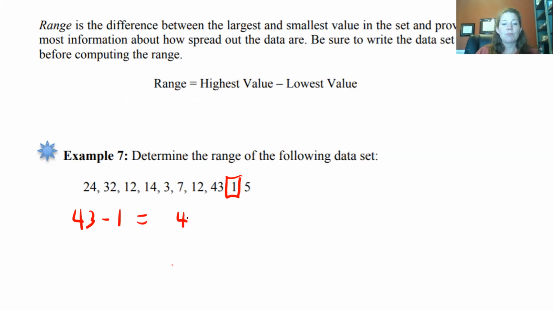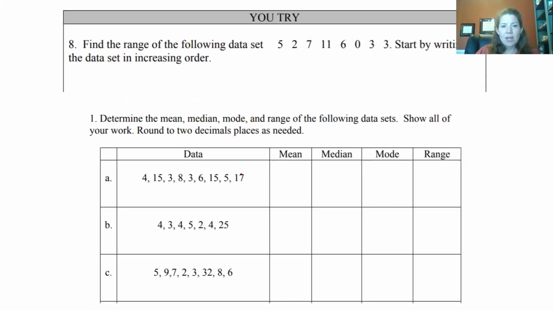The range of the group is 42. There's 42 years between the oldest and the youngest person in the group. We could find the middle, or we can find the average, but that range tells us that we're dealing with people that are varied in their ages. Okay, so the range of this group is 42. All right, so range is probably the easiest one to find, just by subtracting the highest and the lowest numbers.